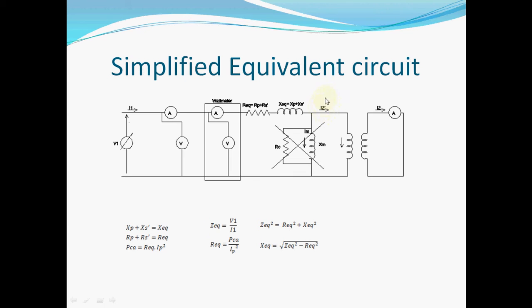I2, this current, is this current reflected by the primary, and the equivalent impedance Z, equivalent impedance, is equal to voltage 1 obtained by this measure divided by I1 that is obtained by the ammeter.